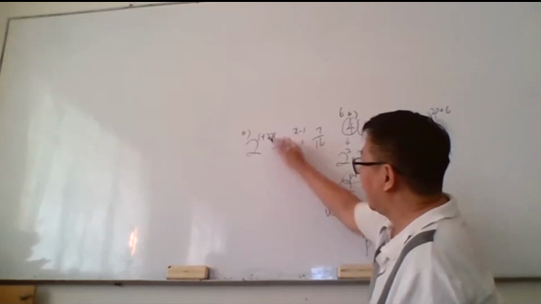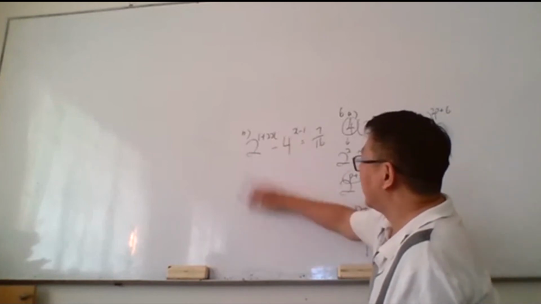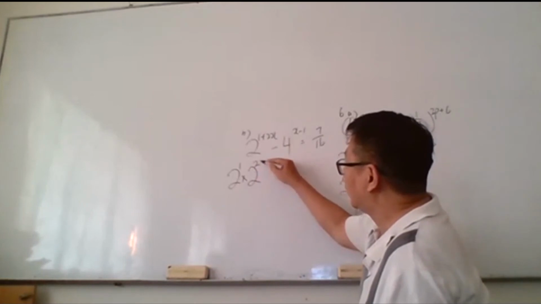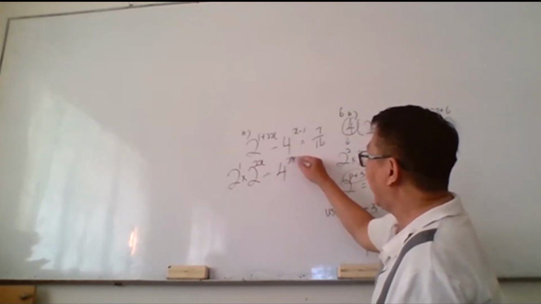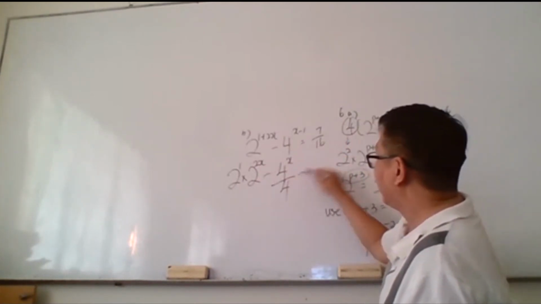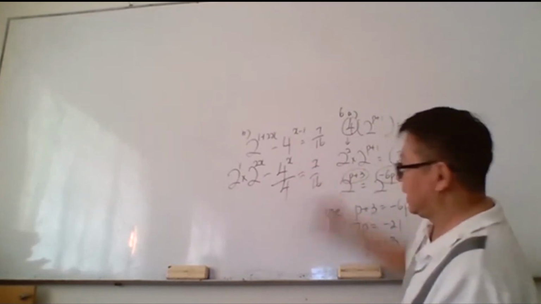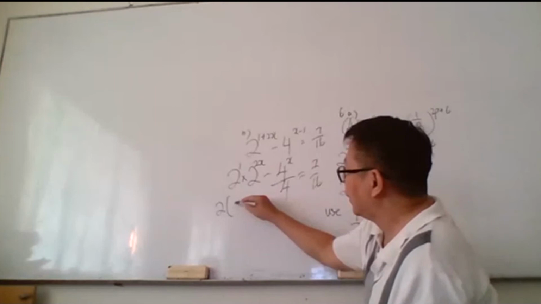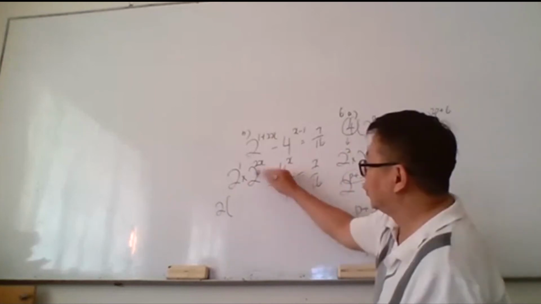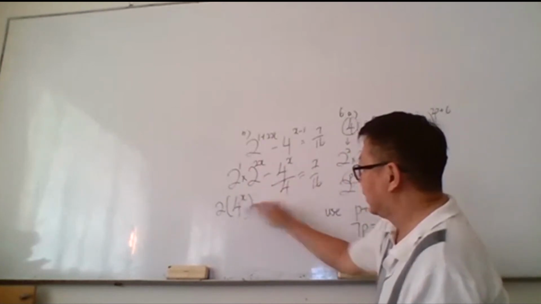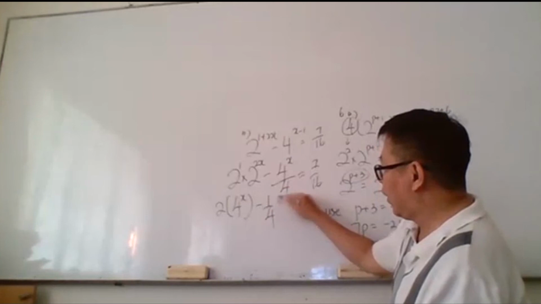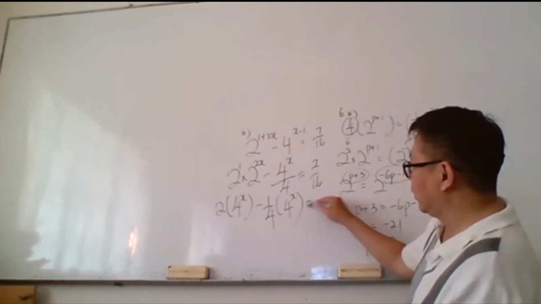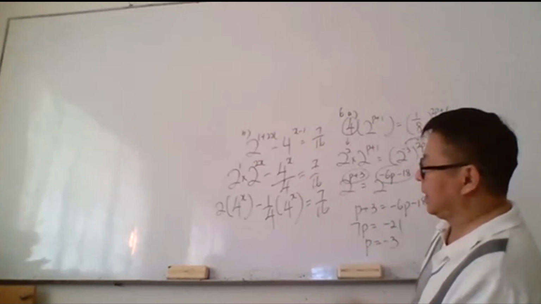Okay, so this one, what I can do is change this to 2 to the 1 times 2 to the 2x, minus 4 to the x divided by 4, equal to 7 over 16. Because this is 4, and this becomes 2 to the power of 2x, so 4 to the x, minus 1 over 4 of 4 to the x, equal to 7 over 16.